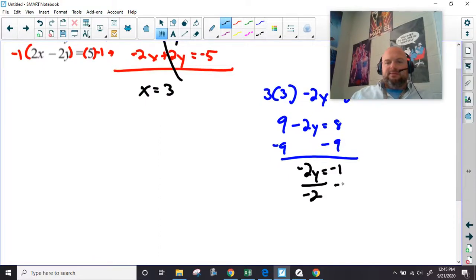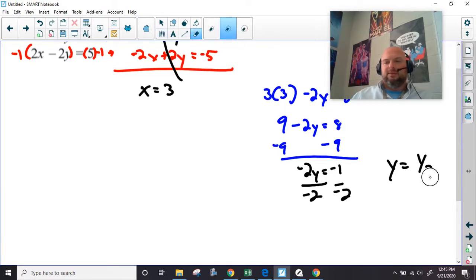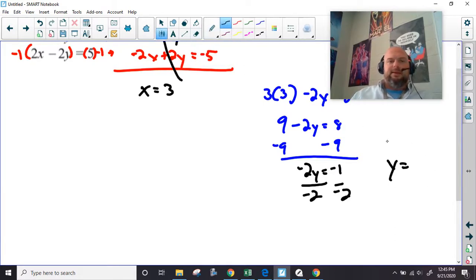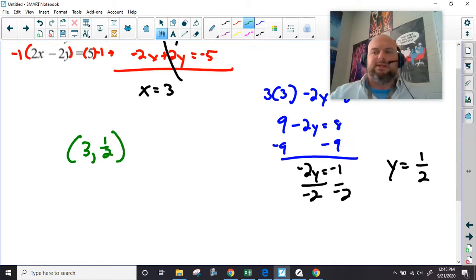And you divide by negative 2. We get y equals 1/2. Now, I want to write it like this. That way it makes more sense. Usually in the past with Algebra 1, if there are fractions in the problem, you give your answer as a fraction.